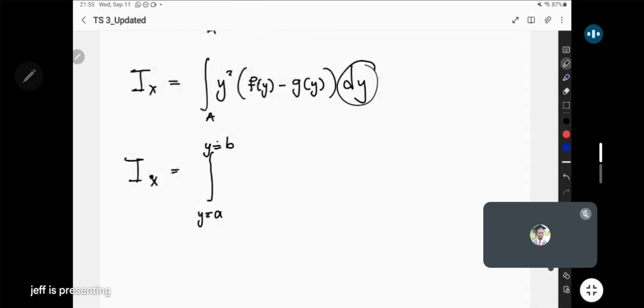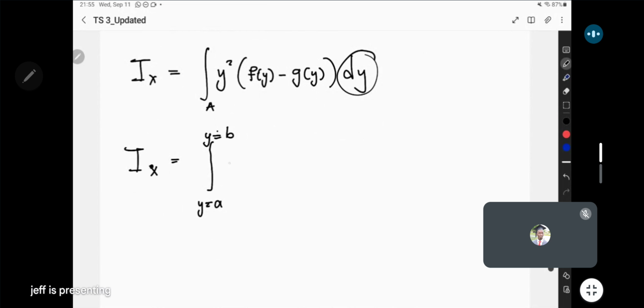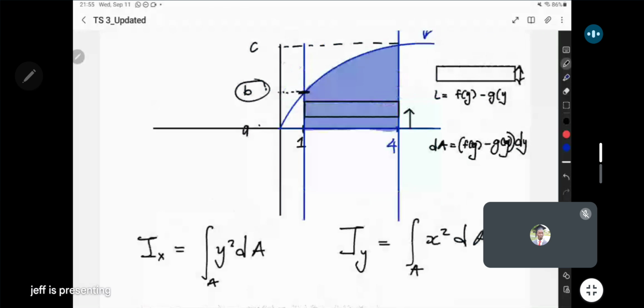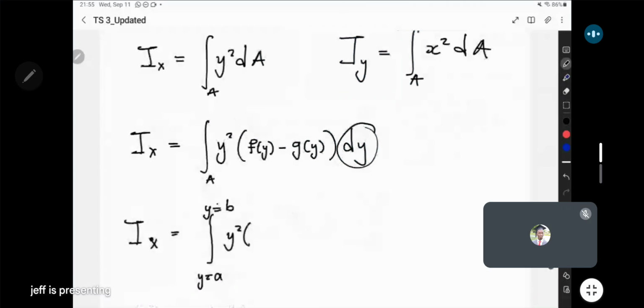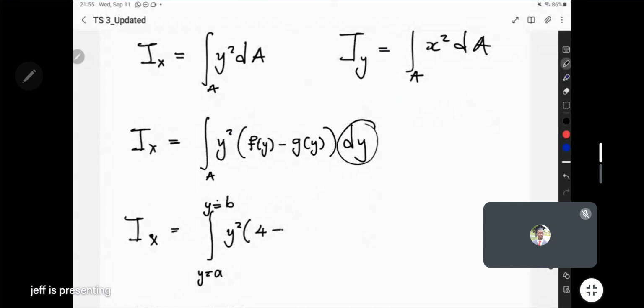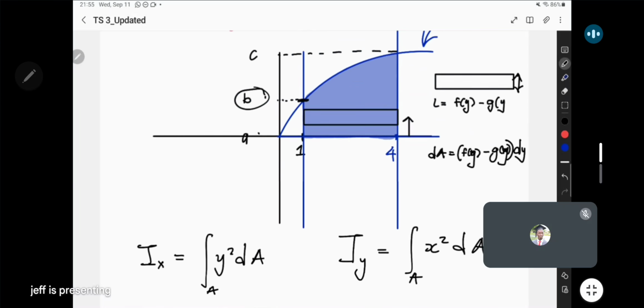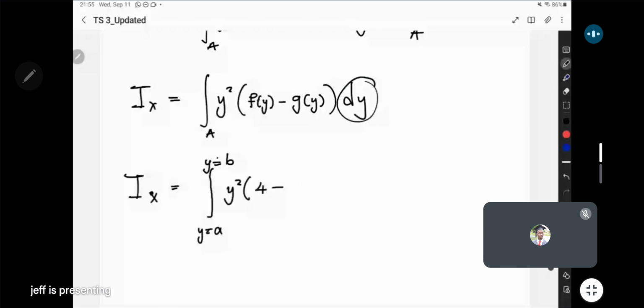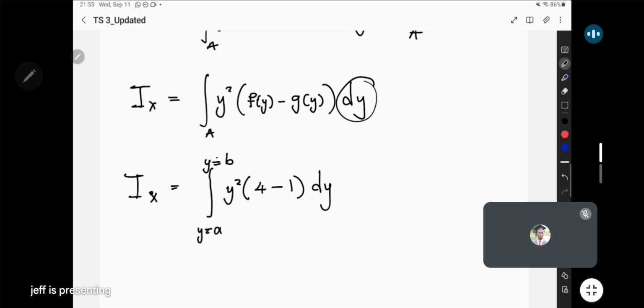When we're going only up to b, the radius is still just y squared. The rightmost boundary will be x is equal to 4, so this will be 4 here. The leftmost boundary will be x is equal to 1, so here I'll have a 1, and then dy. But I have to combine this, so I'll say plus.